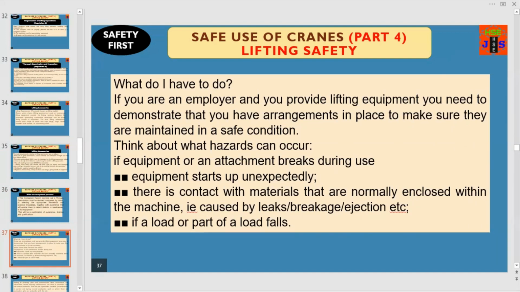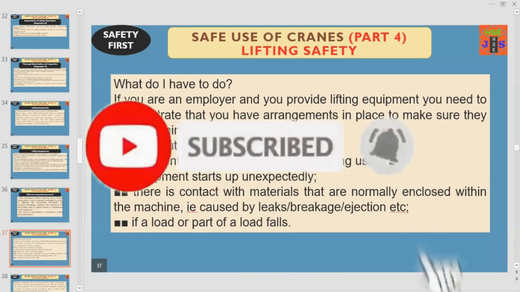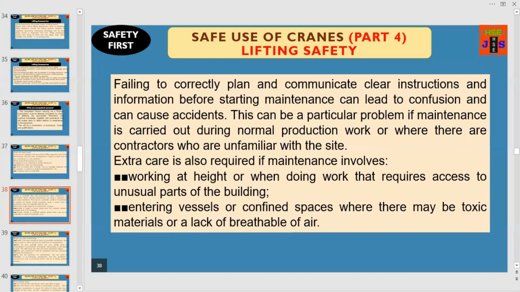Equipment starts up unexpectedly. There is contact with materials that are normally enclosed within the machine, caused by leaks, breakage, or ejection, etc. If a load or part of the load falls, these all are the critical scenarios. You have to think what you can do, how you can avoid these incidents.